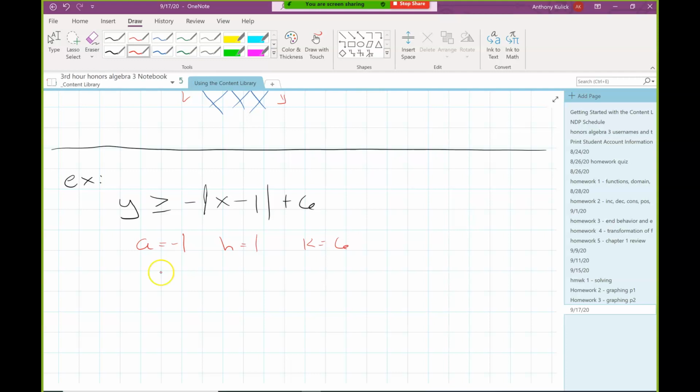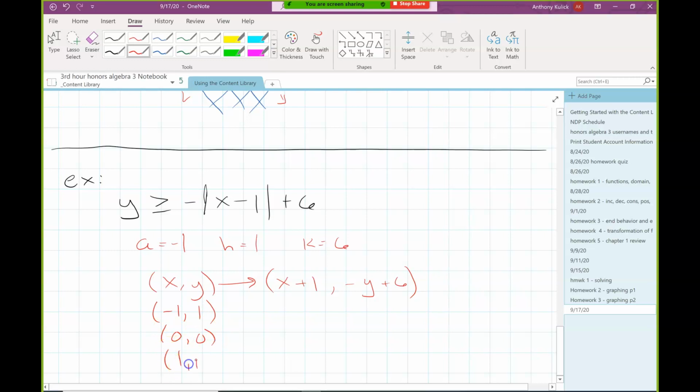Okay. So then we'll create our transformation map. So bx plus h, ay plus k. Everybody happy with how I came up with that? We're going to transform the same 3 points.